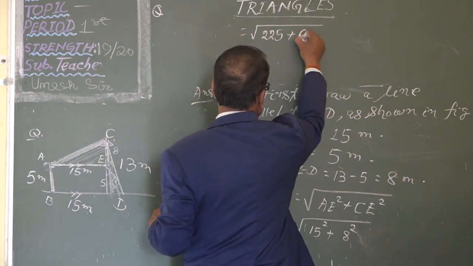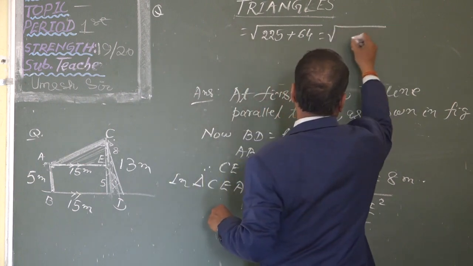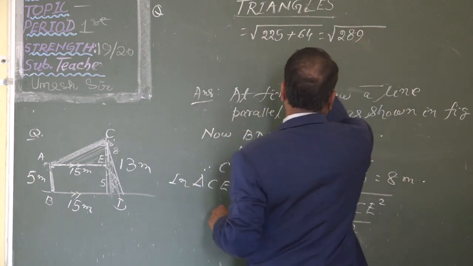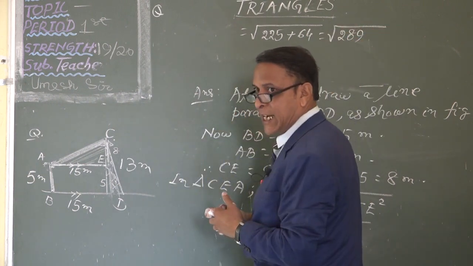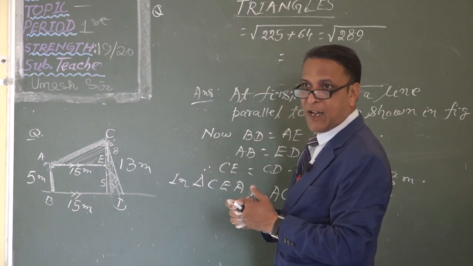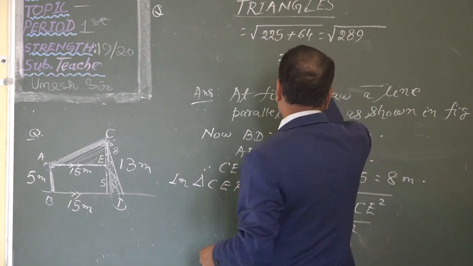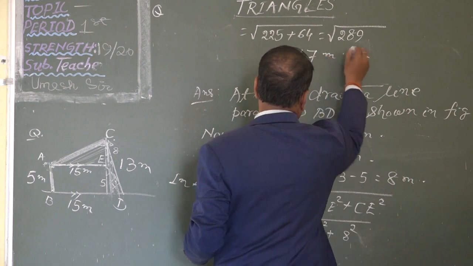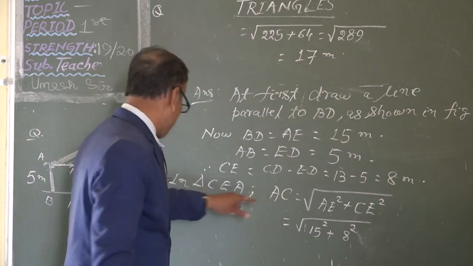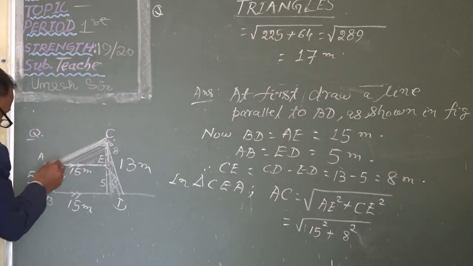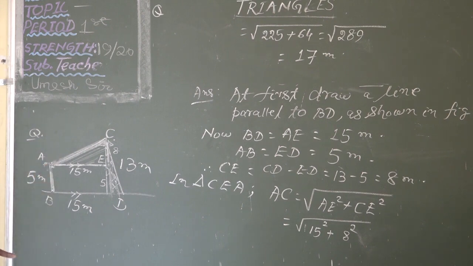8 square is equal to 64. So this is equal to root over 289. That is equal to how much, Saraswat? Root over 289. 289. That's good, very good. So it is 17. So we got AC. So the distance between their tips is 17 meter.